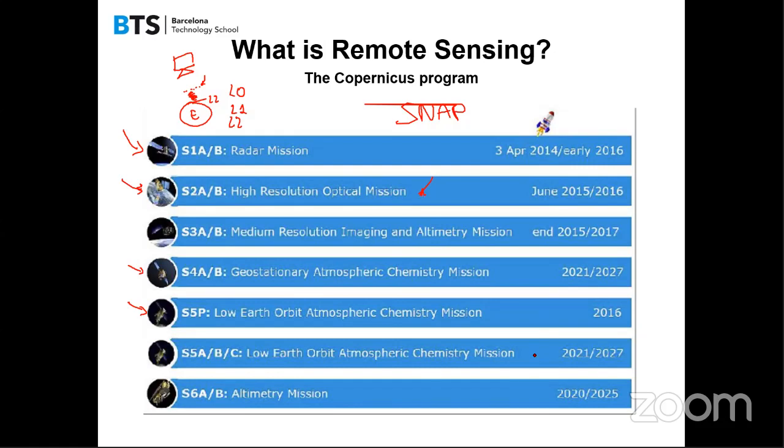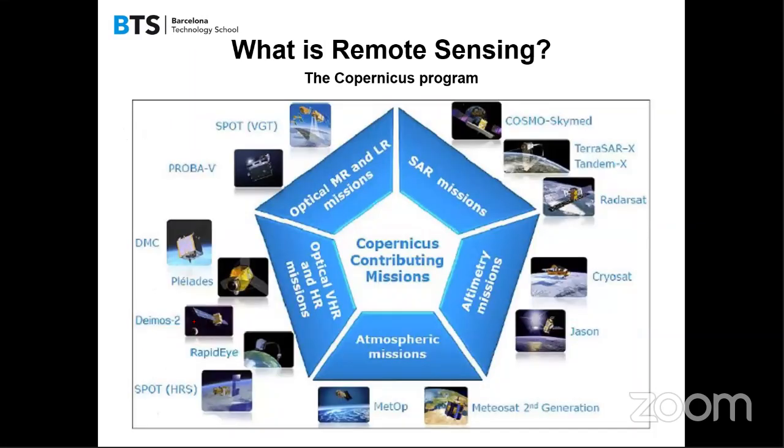And then we have different ones that are going to be launched soon, in low Earth orbit: an atmospheric chemistry mission and an altimetry mission. But so far for data science, what is heavily used is Sentinel-1, Sentinel-2, and sometimes even more Sentinel-5P for the contamination, or pollution, sorry. There are, however, other types of Copernicus contributing missions.